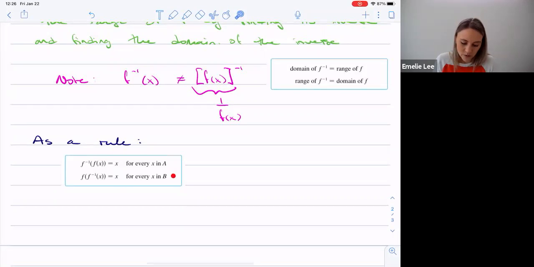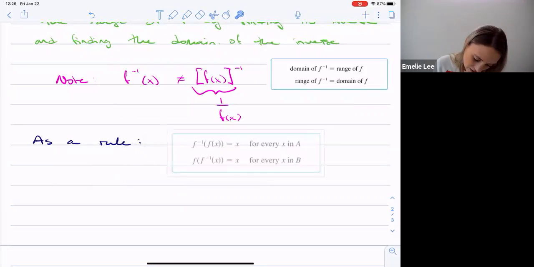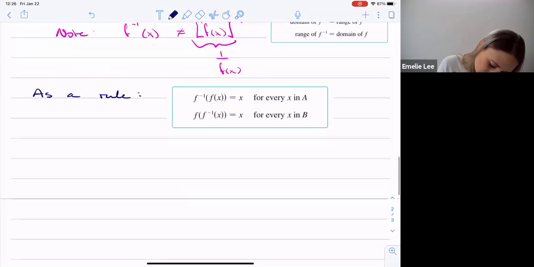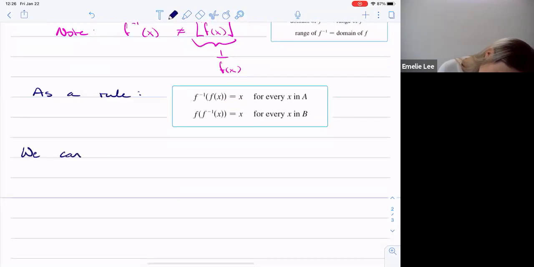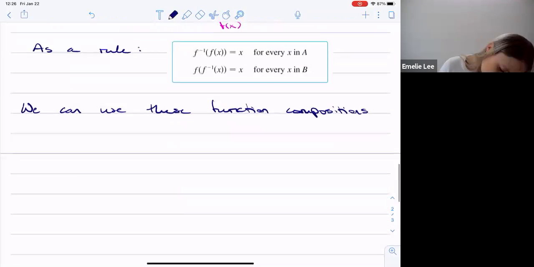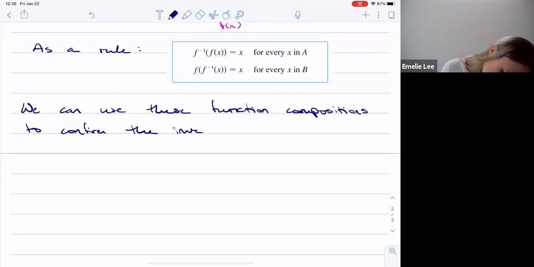So we can use these properties to confirm that the inverse we found is in fact the inverse. We can use these function compositions to confirm the inverse we found is indeed the inverse of f.